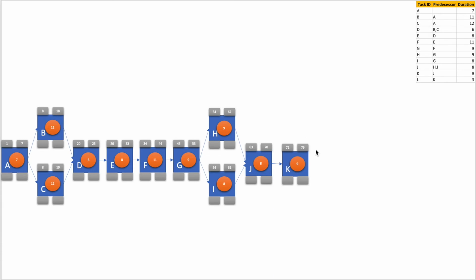So there we have activity K also. Last we have activity L, which follows activity K. So I create activity L. Activity L takes 3 days. So it would start on the 80th day. 80 plus 3, 83 minus 1, 82. So this is the early finish of activity L.